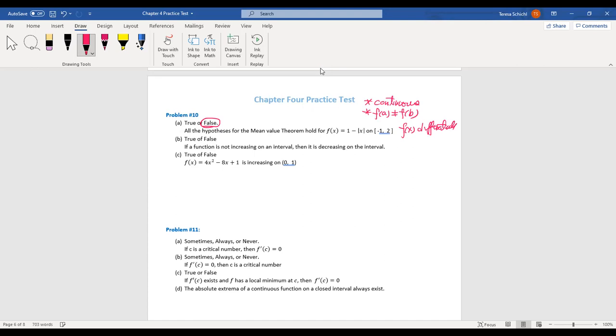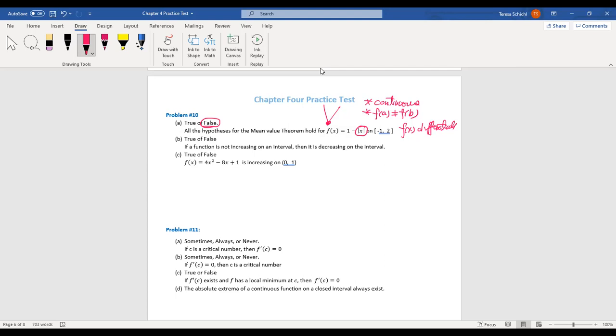Right? So we know this is an absolute value function. The absolute value function is not differentiable at the vertex point here. So the absolute value of x has this sharp point at x equal to 0. It's between here, right? So it's not differentiable. So it's false here.